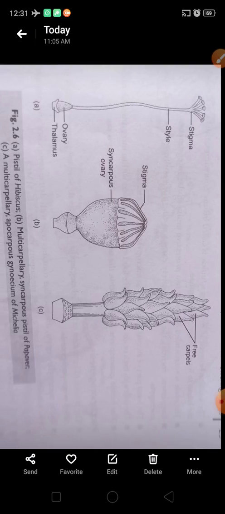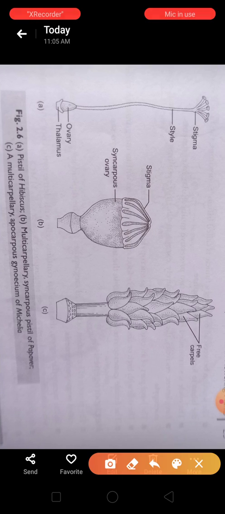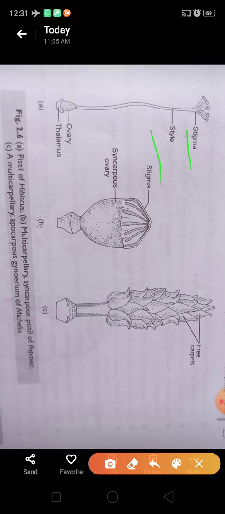Now children, we will discuss the female reproductive unit in detail, the different parts of the gynoecium. The first portion, that is the stigma, is where the pollen grains land.